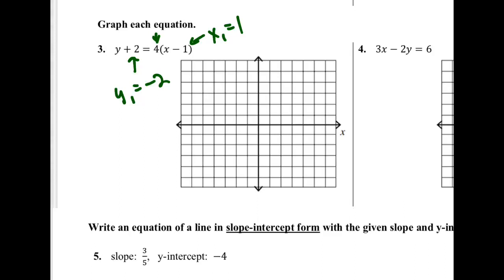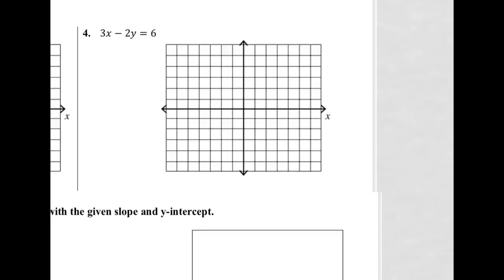So if I go to x is 1, y is negative 2, that's where that line starts. And a slope of a positive 4, 1, 2, 3, 4 over 1. And then we can do that several times. And then we can also go back the other way. And there's our line.